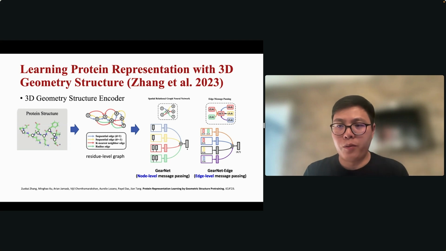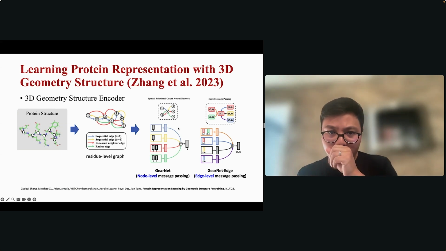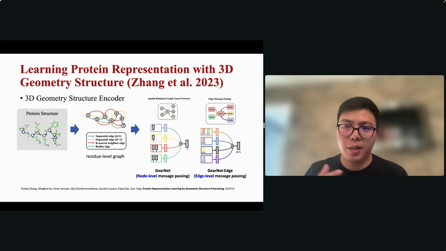And then the problem of learning protein structure translates to learning the representation of the entire residue graph. Okay, so here we actually propose two types of graph neural networks to learn this representation. The first approach is quite straightforward. We just do message passing between the residues.